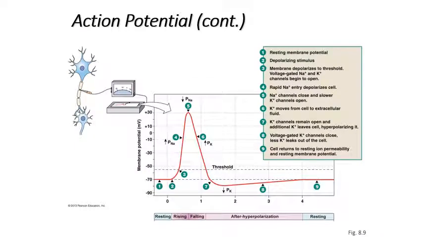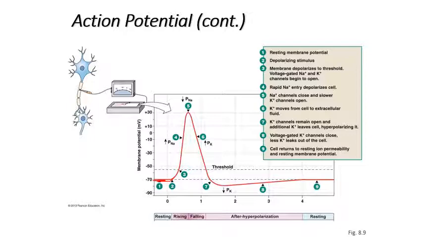All right, so here we go. Let's put this all together. If we were to measure in an axon, if we were to measure one spot and look at changes in membrane potentials taking place during an action potential, this is what you would find. All right, we start off at our resting membrane potential.